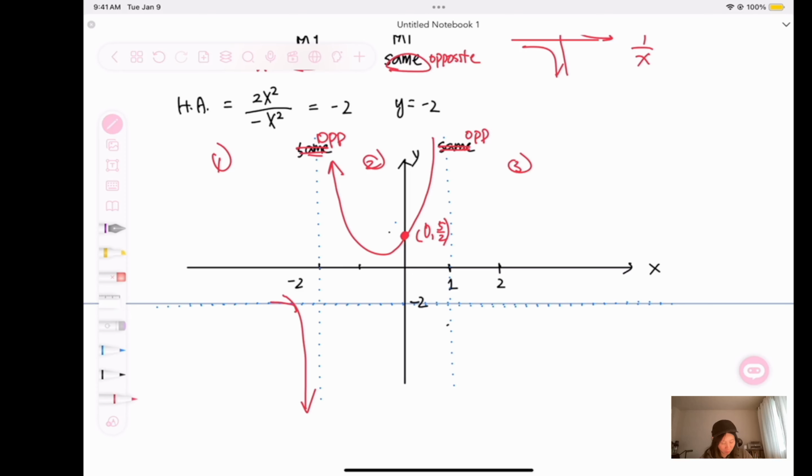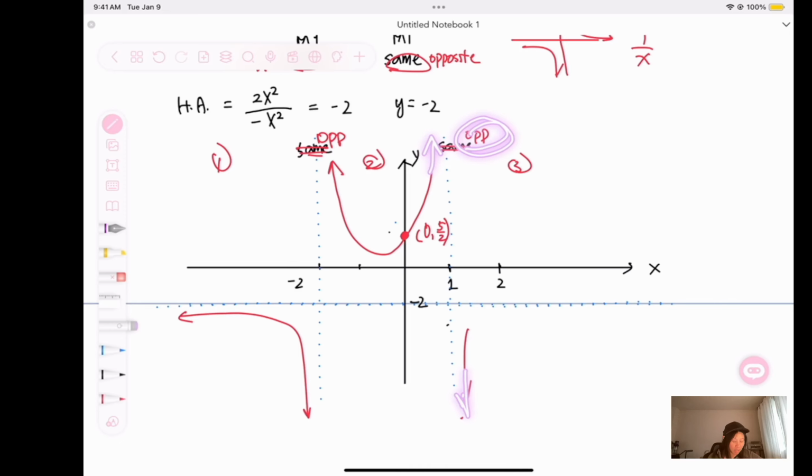And the graph is approaching y equals negative 2. Let's draw a better sign. It should look like this. The graph is approaching y equals negative 2. Similarly, the right part, which is the third part of the graph, should be going down, because you want them to be in opposite directions, since the other side is going up.